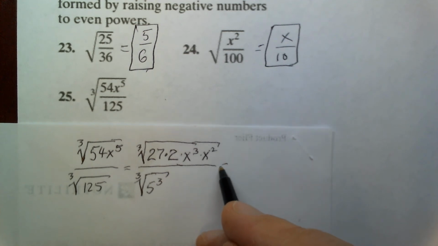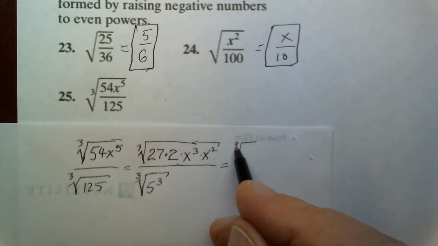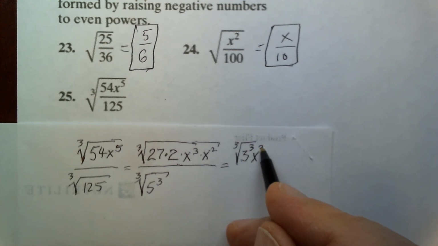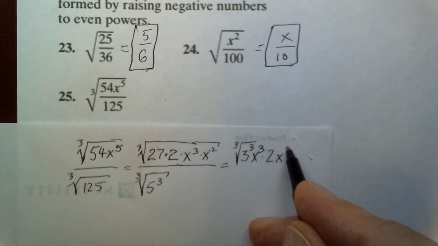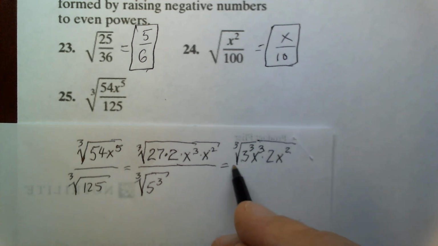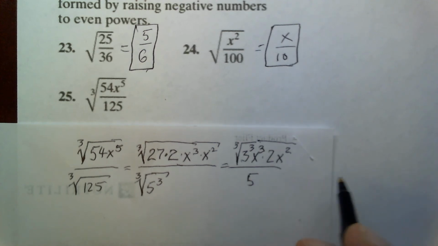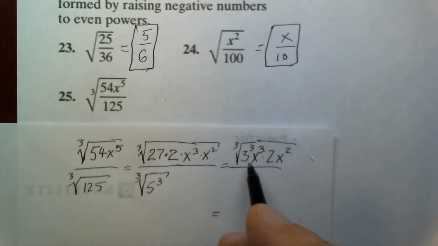And so 27 is equal to 3 to the third. And then we have x to the third, and we have 2x squared, divided by the third root of 5 to the third, which is 5. So then for the numerator, we can take one extra step here.